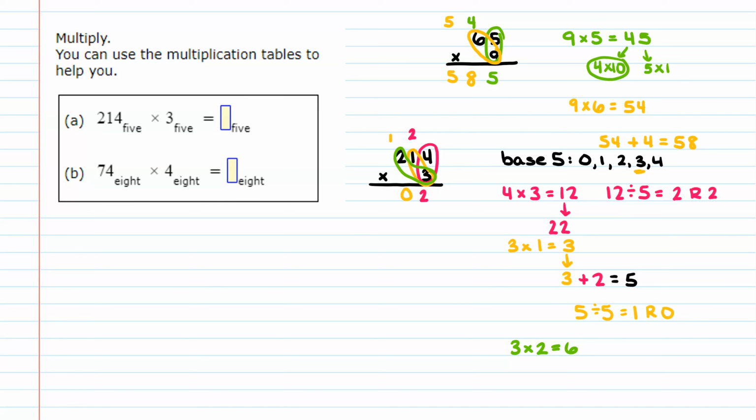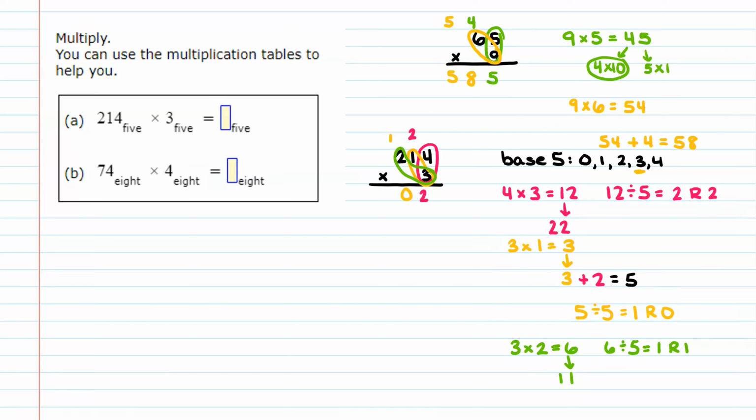So we have to change this to base 5 by taking 6 and dividing it by 5, because that's our base. Sorry about that. So 5 goes into 6 one time with a remainder of 1. So instead of writing 6, I would write 1, 1, since I'm in base 5.